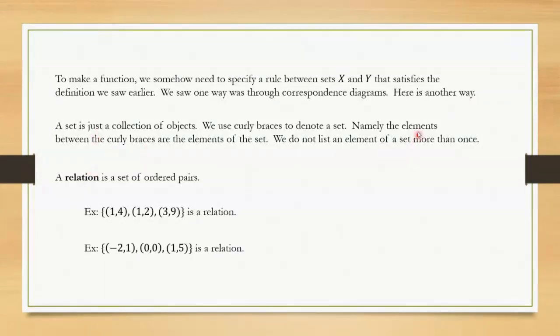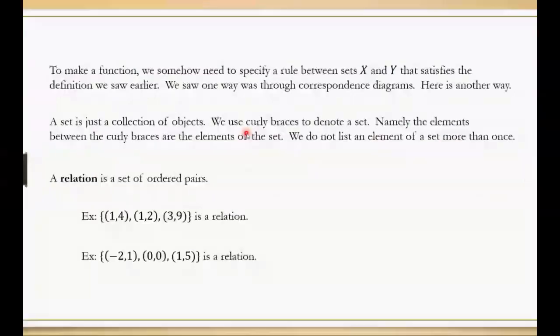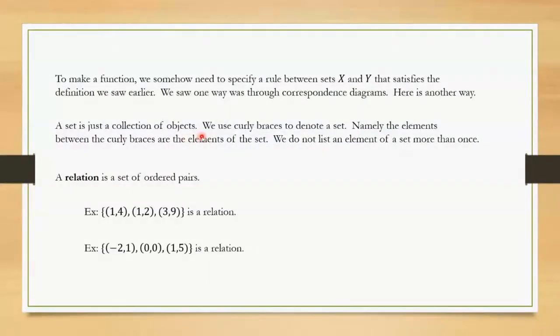I just put the definition here of what a set is, at least in this class, Math 104. For my other section, it's the same thing. Another way to define a function is using a relation.